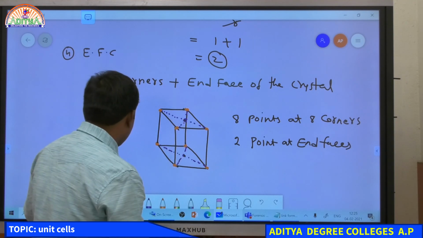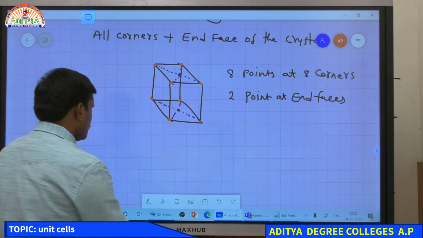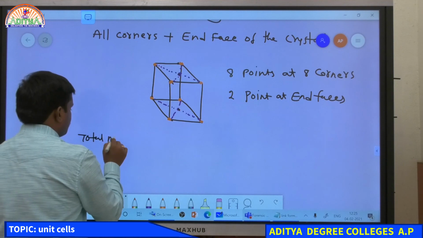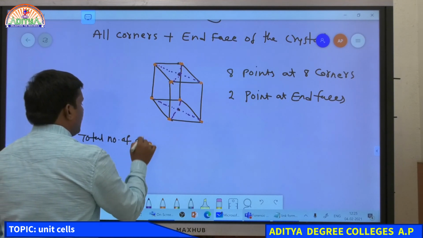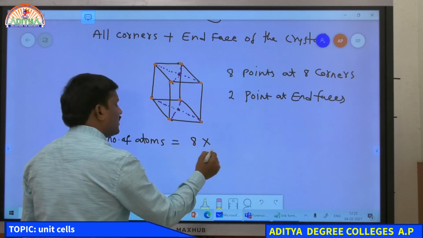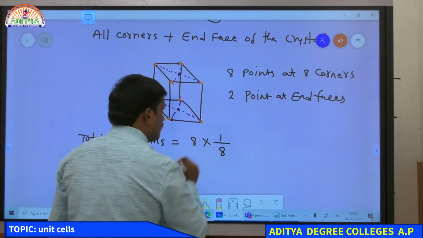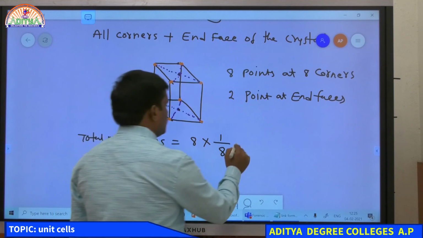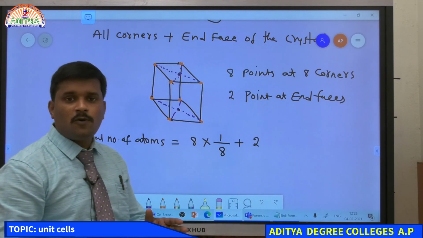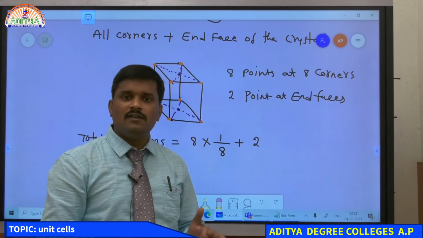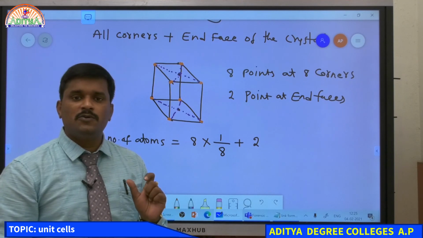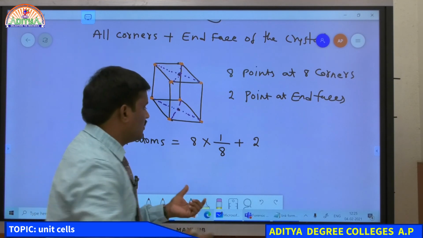So therefore the contribution is, the total number of atoms is equal to 8 points, but each point contribution for a single unit cell is 1 by 8. Similarly, 2 points are present at faces, but the point present at a face is always shared by 2 faces. Therefore each point contribution for a single unit cell is 1 by 2.